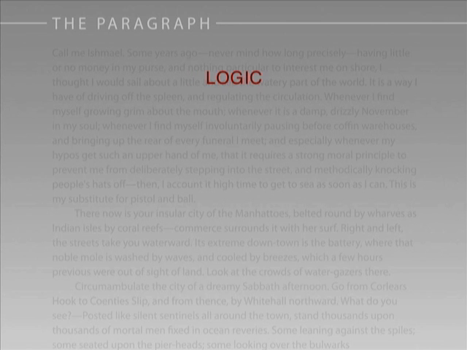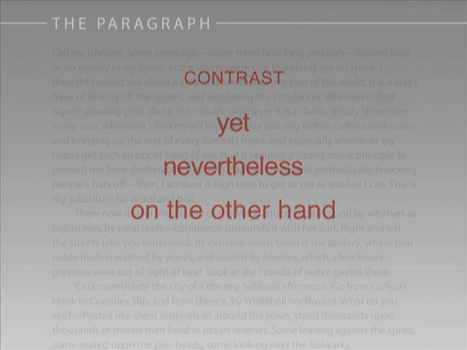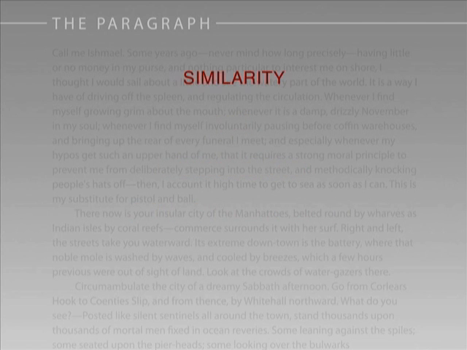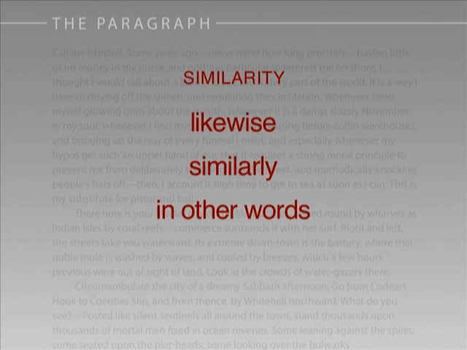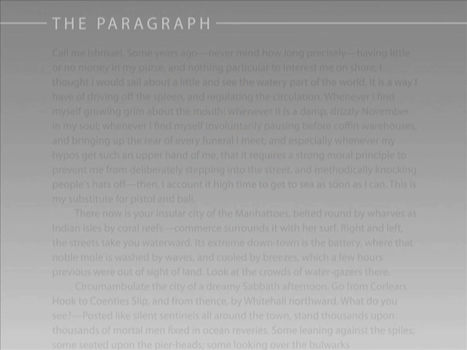Logic, like therefore, thus, in conclusion. Contrast, like yet, nevertheless, on the other hand. Or similarity, such as likewise, similarly, in other words. See the link to the left of the screen for more lists of transitional words and phrases.